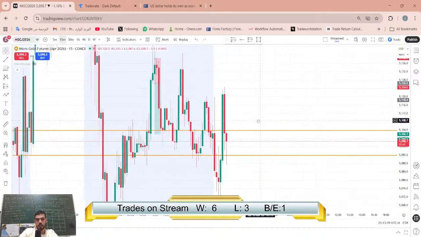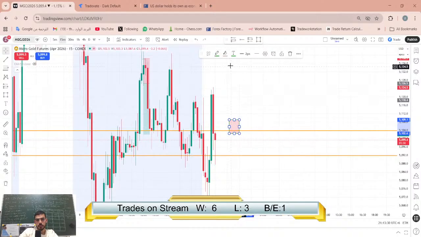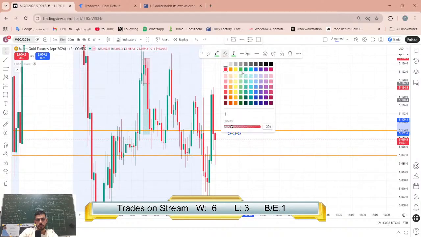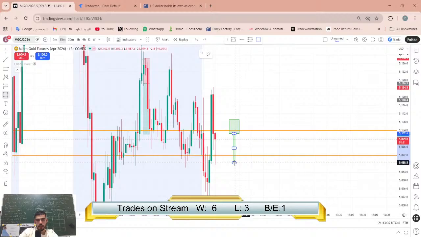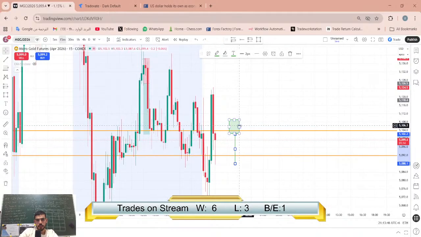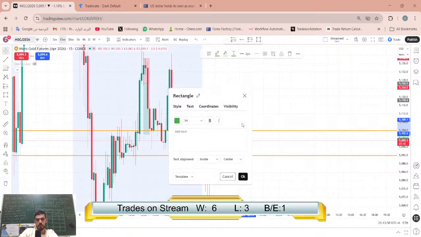If it can create a nice support, a nice wick like this, with a nice wick, this candle wick is looking pretty nice. Yep, something like that would also be good.